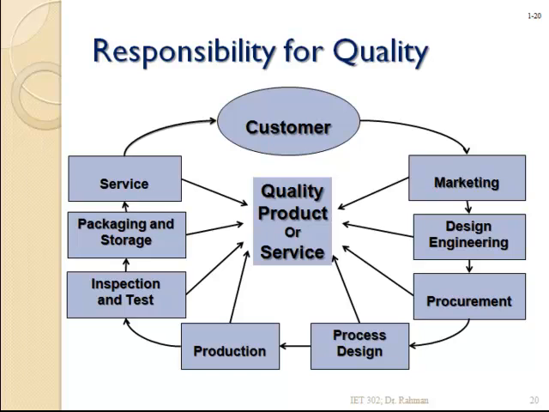We do inspection and tests, and then we maintain again the quality packing and storage. And not only that, we also maintain a quality service, that we want to give a quick service to the customer, and desired and satisfactory service. So all these are different ingredients of quality management.